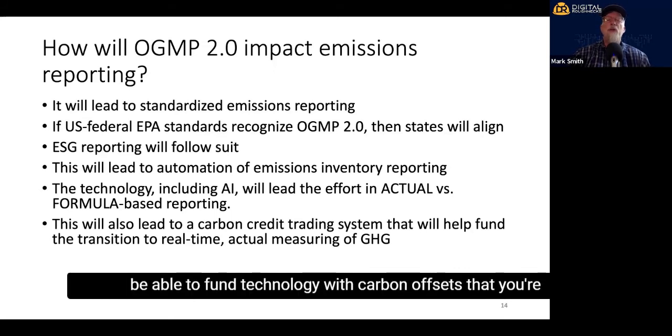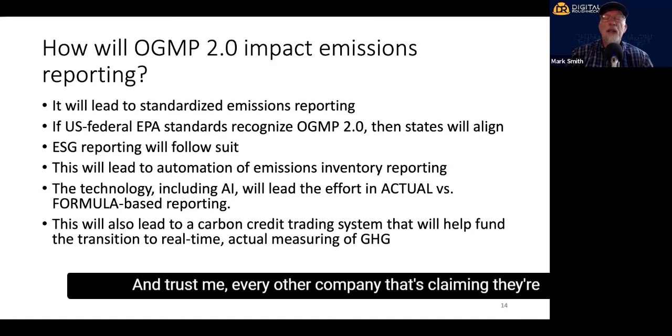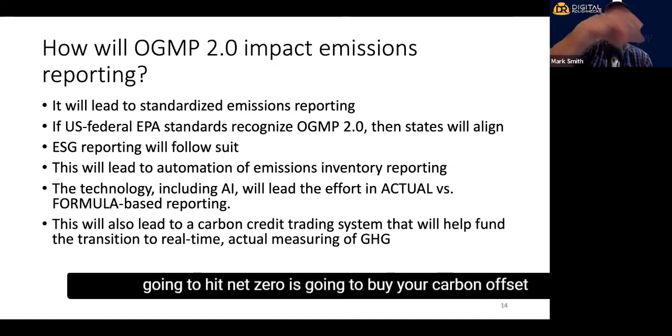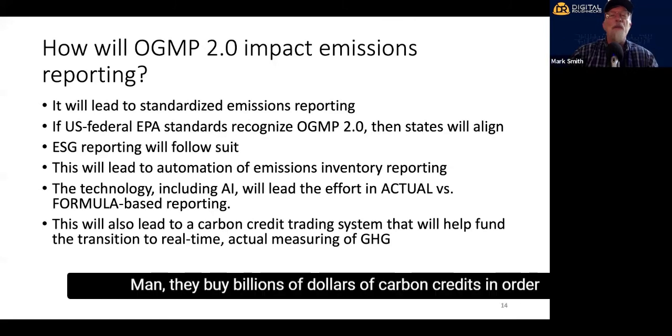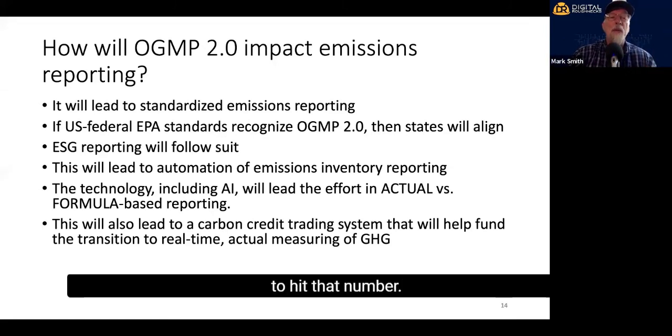Because you'll be able to fund technology with carbon offsets that you're earning in the credit trading system. And trust me, every other company that's claiming they're going to hit net zero is going to buy your carbon offsets, including companies like Apple, who say we're going to be net zero. Man, they buy billions of dollars of carbon credits in order to hit that number.